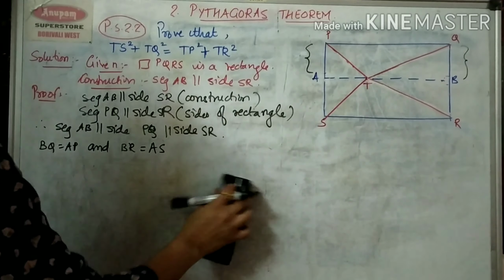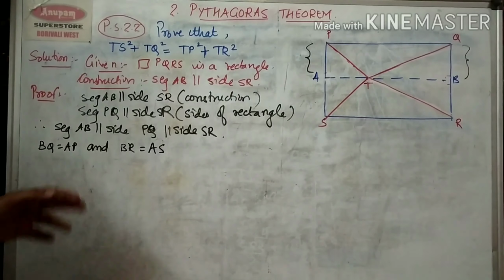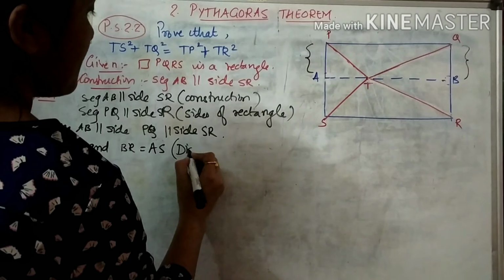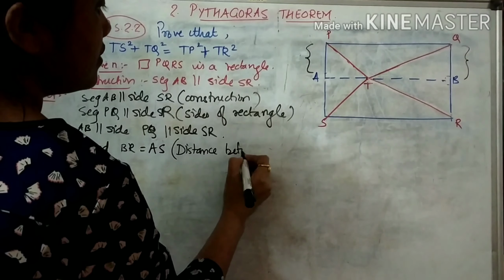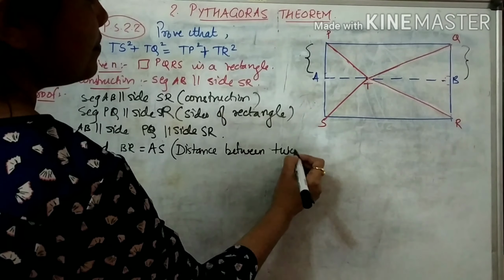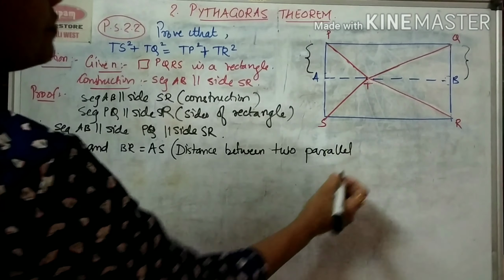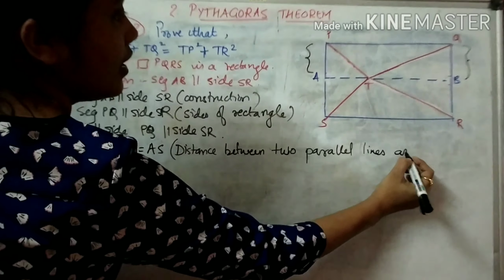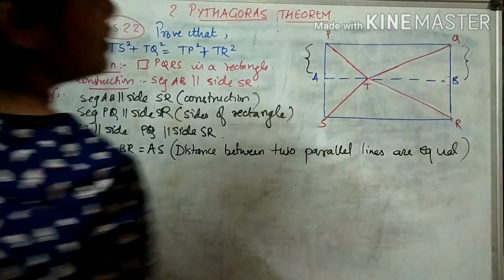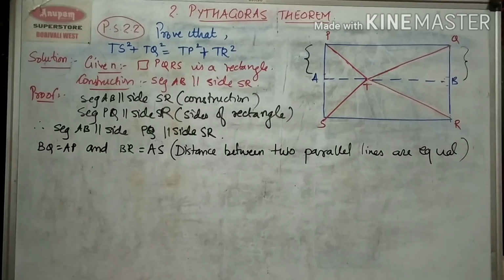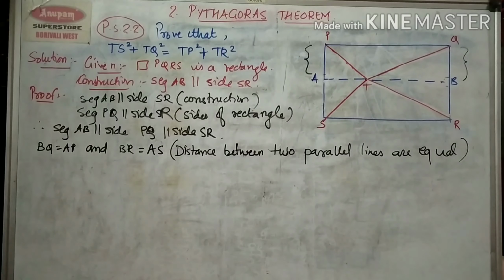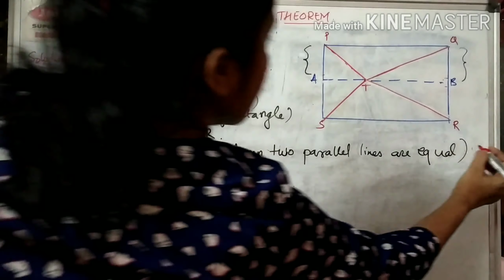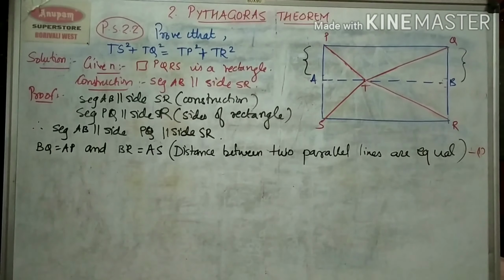Okay, so that's why I'll say that BQ is equal to AP and BR is equal to AS. Then we'll say distance between two parallel lines are equal. So this is our first part. Now we can also name this as number 1. So we'll number it as 1.